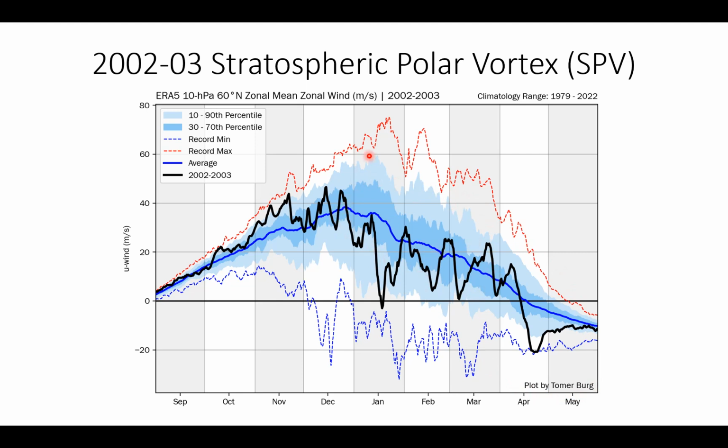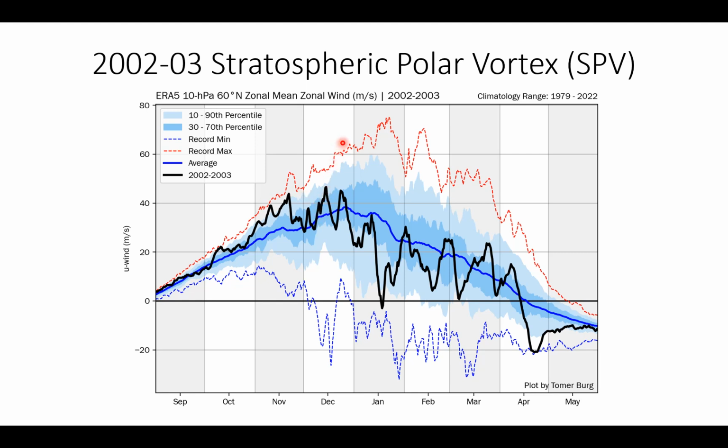Okay, so what are we looking at here on this diagram? First of all, this black line represents the 2002-2003 zonal mean zonal winds. And whenever this dark black line is in positive territory, that indicates that we have a stronger polar vortex.